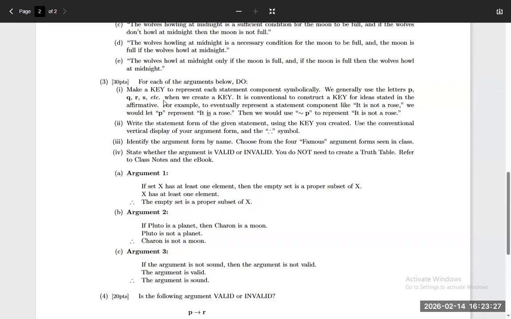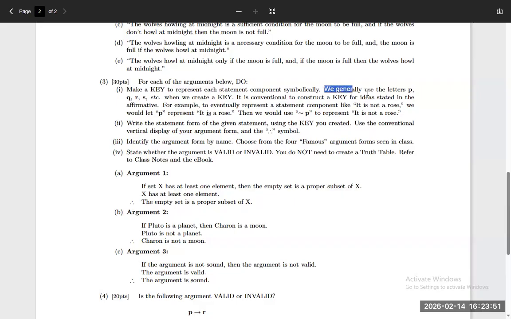So I have a suggestion. Write it down, copy it. So the first sentence: make a key to represent each statement component symbolically. Write that sentence down, digest it, make sure you understand what that sentence means. Then go to the next sentence.